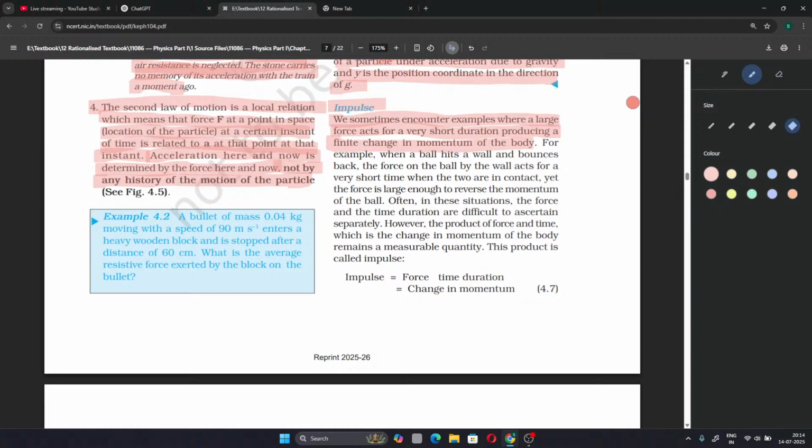Basically, we know that force equals dp by dt, and force times dt equals dp.